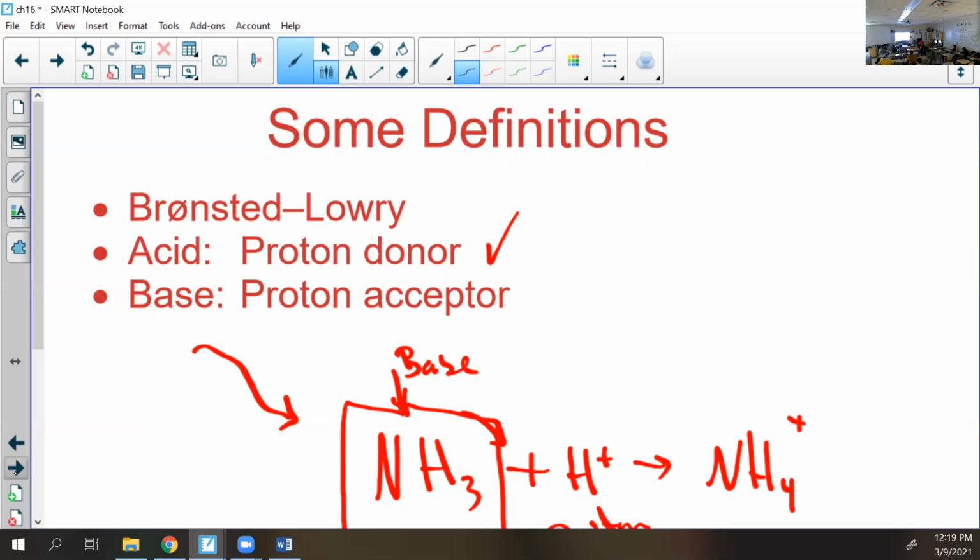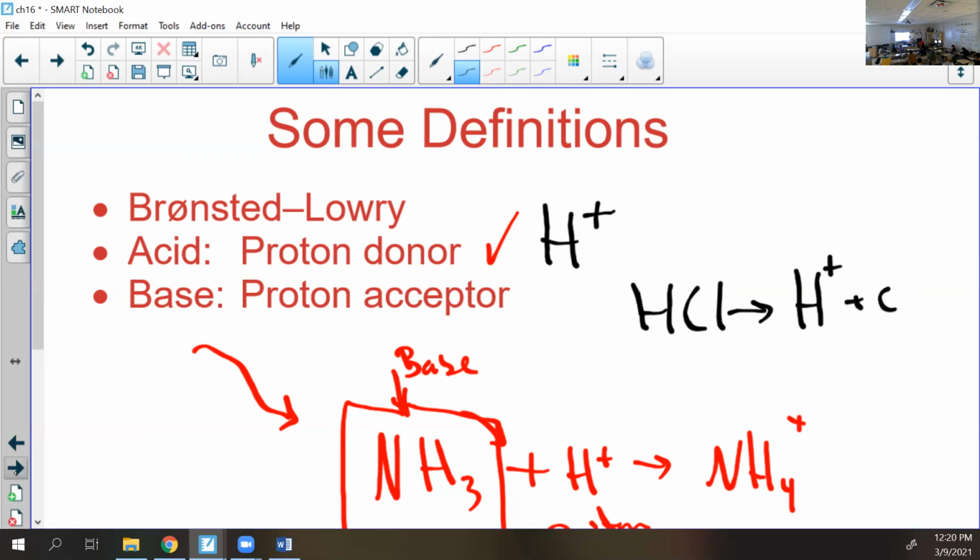Anyone know the formula of a proton? H+. So really, this one's not much different. So if I have HCl, it dissociates to H+ and Cl-. It's a proton donor. You okay with that? All right.